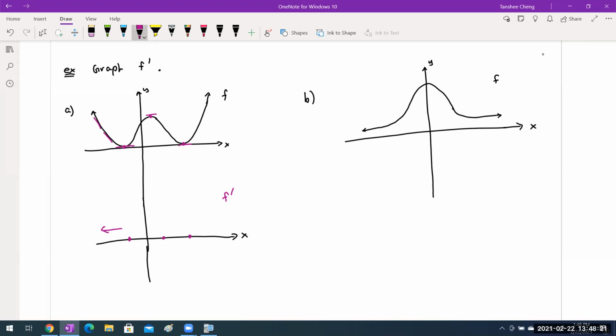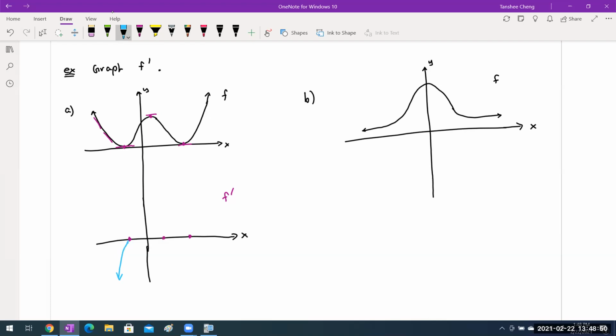So that means f prime values are negative values. Notice that it's going to go steeper and steeper, that means a larger negative value, and then more shallow slope, which is a smaller negative value. So I will have negative values on this side. This is what the graph is going to look like.